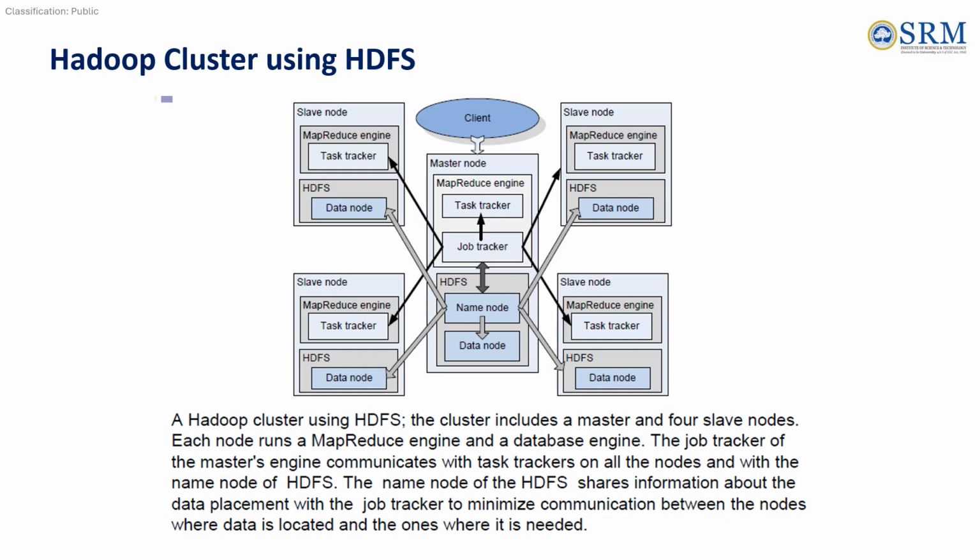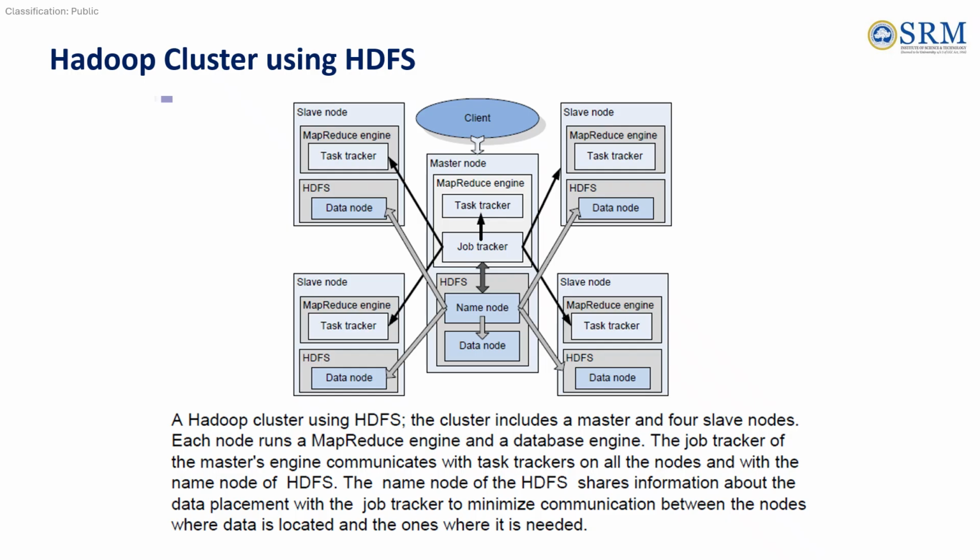The actual data is stored in data nodes. These data nodes are worker nodes responsible for storing file blocks physically on the local storage devices. When a file is uploaded into HDFS, it is divided into smaller blocks and distributed among multiple data nodes. These blocks are also replicated across different nodes to provide fault tolerance.